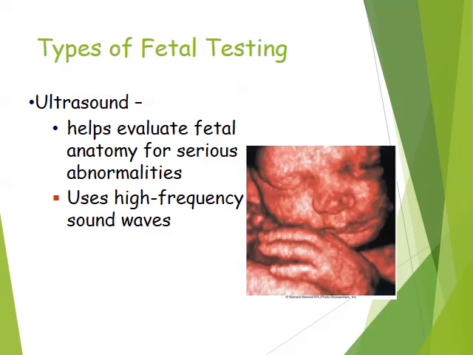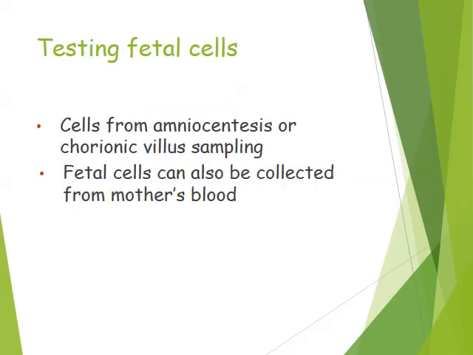It can indicate some types of congenital heart defects, congenital tumors, gastrointestinal or kidney malformations, or limb defects. Fetal cells can be extracted by amniocentesis or chorionic villus sampling. Some fetal cells can also be collected from the mother's blood.